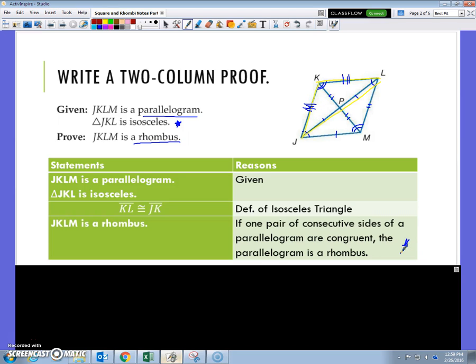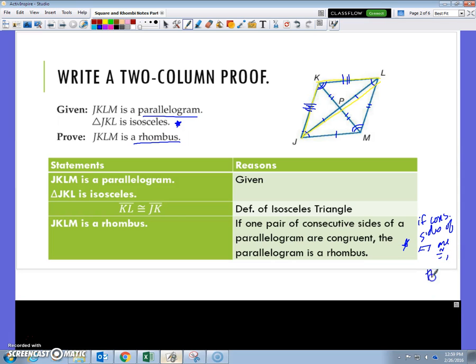If consecutive sides of a parallelogram are congruent, then the parallelogram is a rhombus. You can abbreviate somehow using shapes and things like that, just as long as you use appropriate abbreviations, this should be fine.